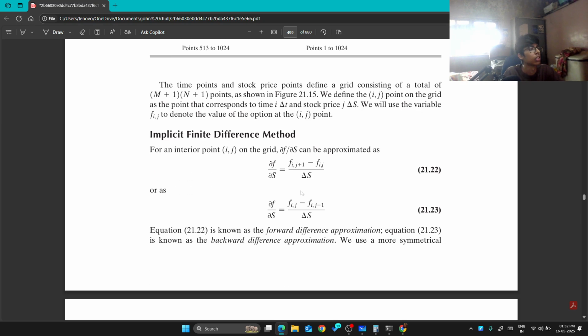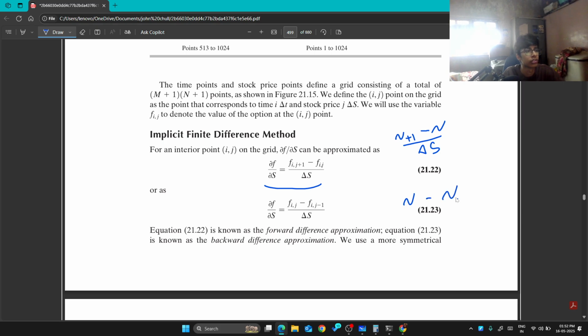Okay, and the finite difference value is just n plus 1 minus n over delta s. This is the finite method. Or you can do it as n minus 1.